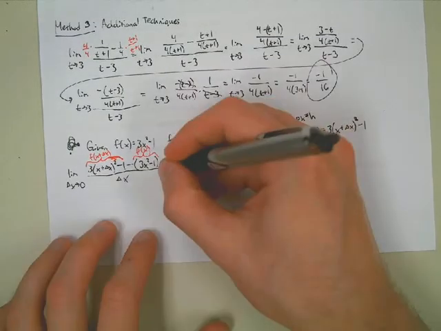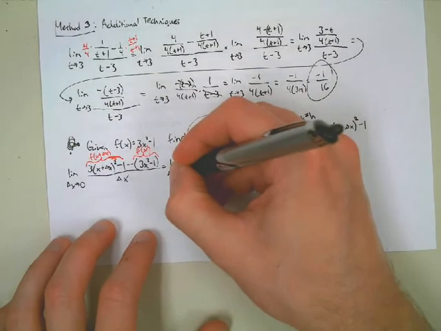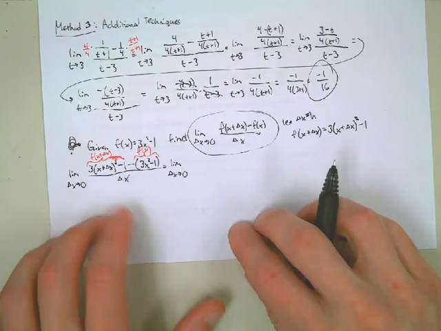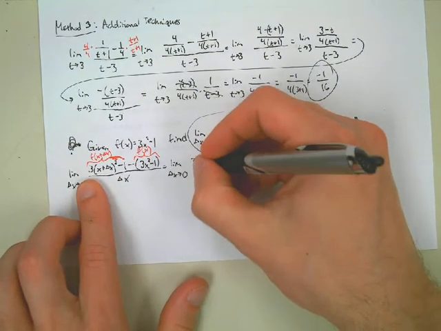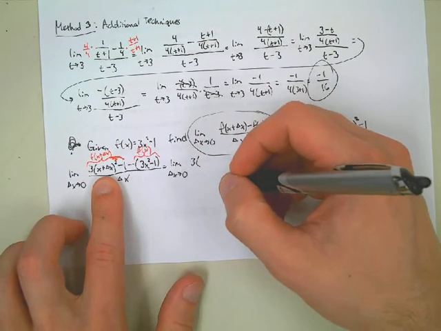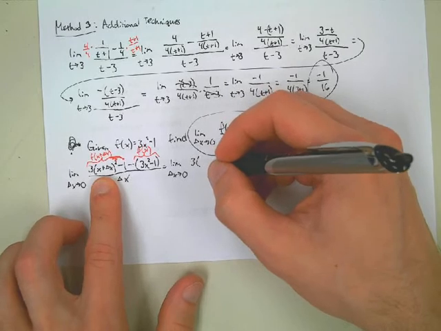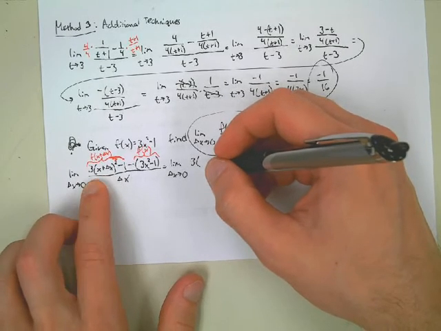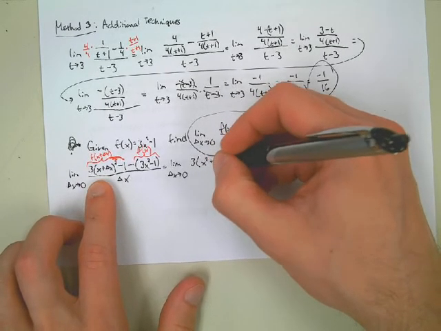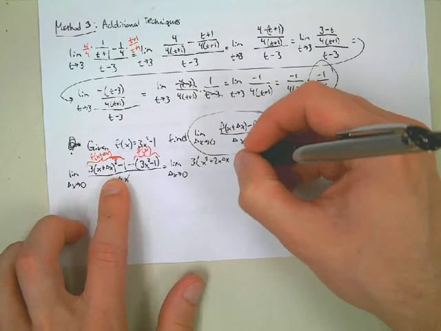Okay, so we still have the 3. To multiply x plus delta x times x plus delta x, we have to FOIL that, right? So it becomes x squared plus 2x delta x plus delta x squared. Okay, don't forget the minus 1.